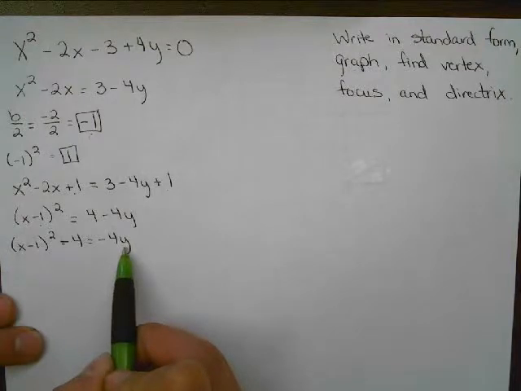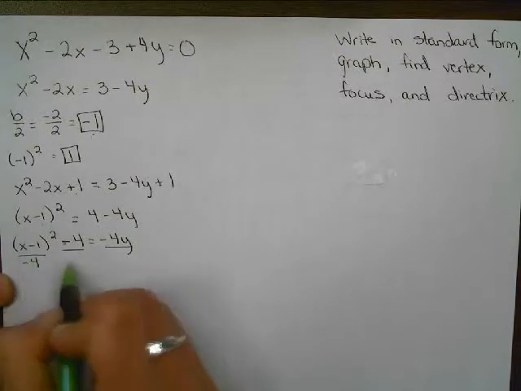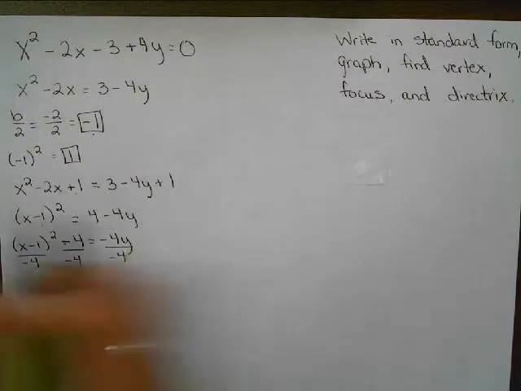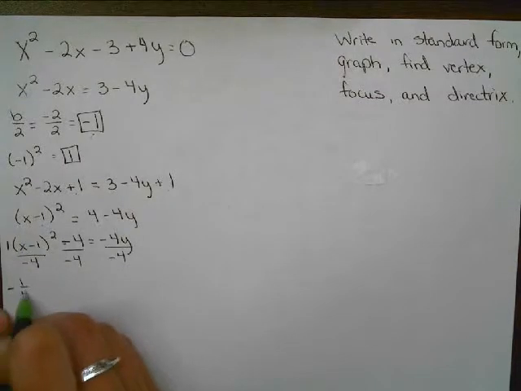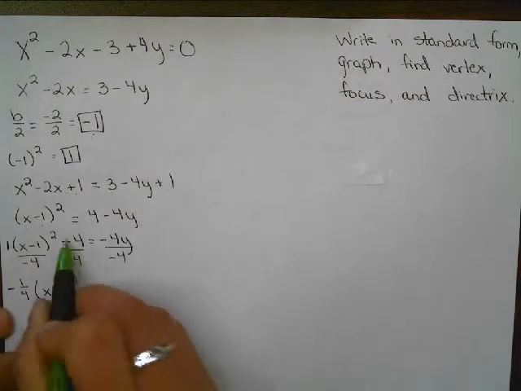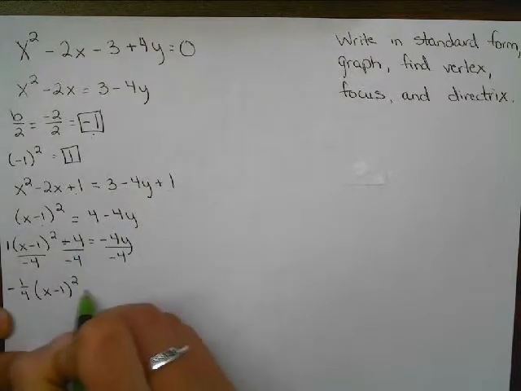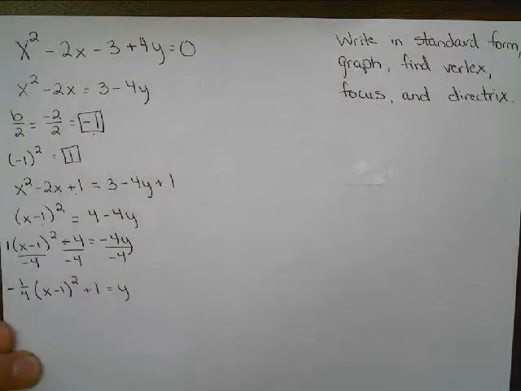I'm trying to get y by itself because that's my linear term. So now I have to divide everything by negative 4. There's a 1 out here, so this becomes negative 1/4 times x minus 1 squared. A negative 4 divided by negative 4 is a positive 1 equals y.